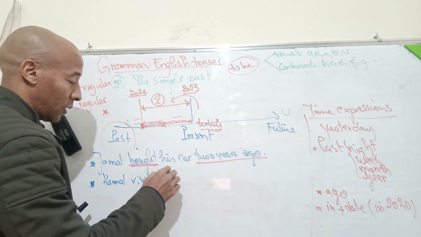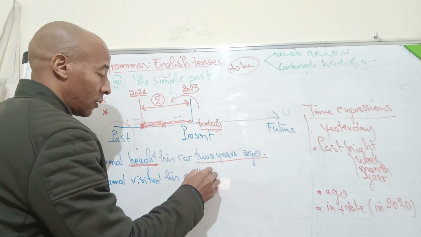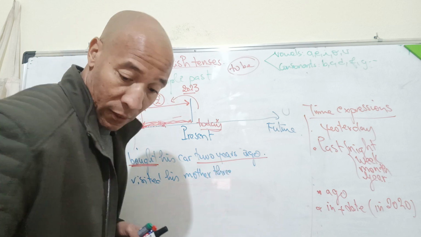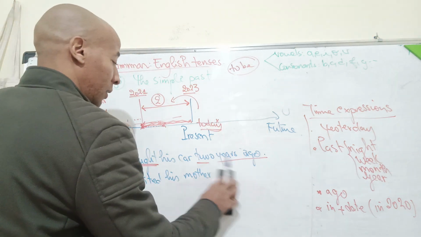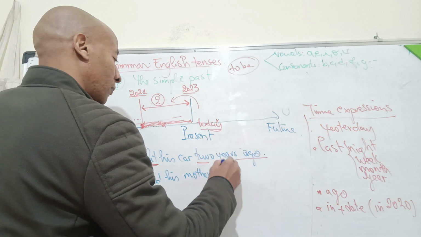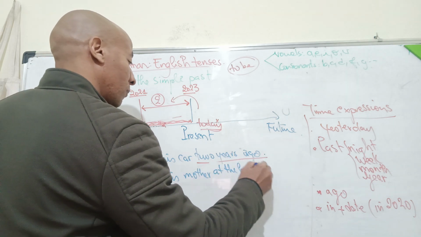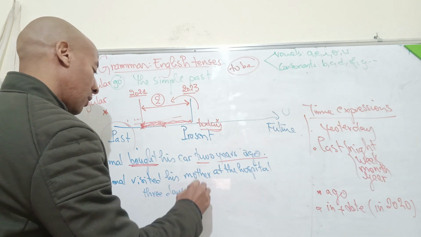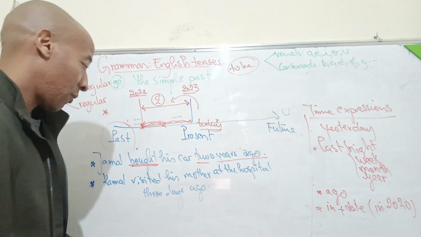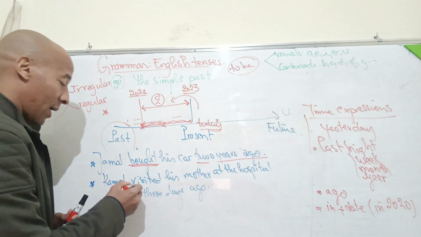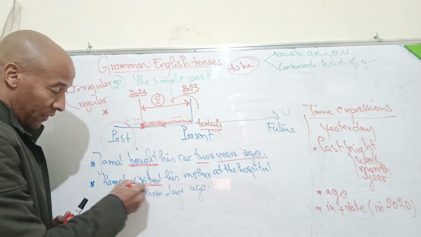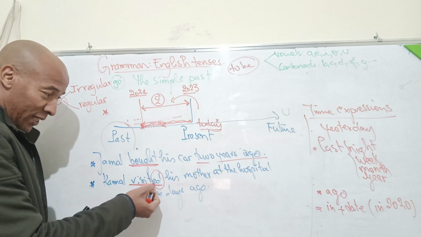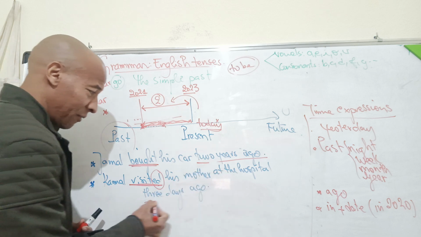Kamal visited his mother at the hospital 3 days ago, right? So we have the verb visited. As you notice here, we have a regular verb because it ends with ed. And here, 3 days ago.